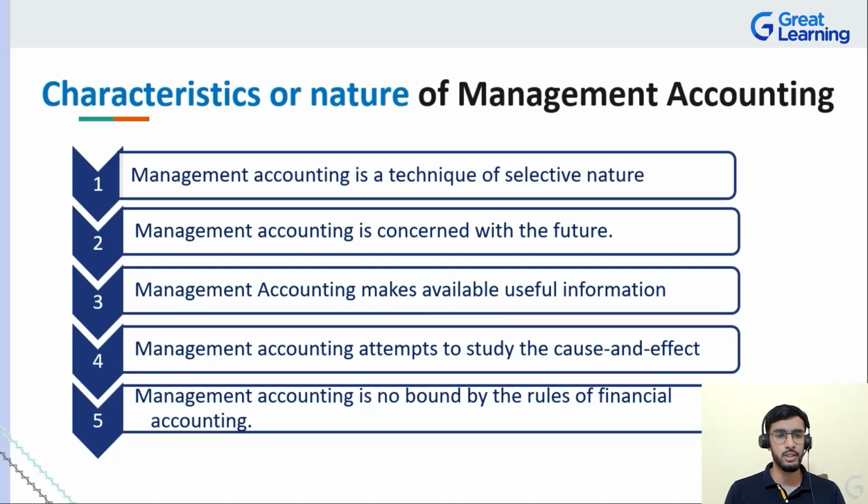Now, coming to the third point, that is management accounting makes available useful information. By hearing the term management, you might be confused that the management accountant is at the level of decision making, but that is not the exact concept. Management accounting basically only provides the necessary information to the upper management for decision making.